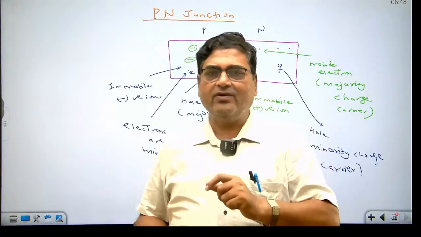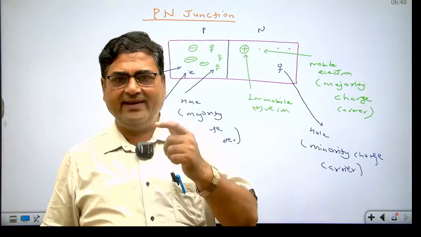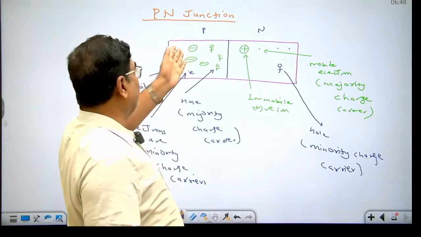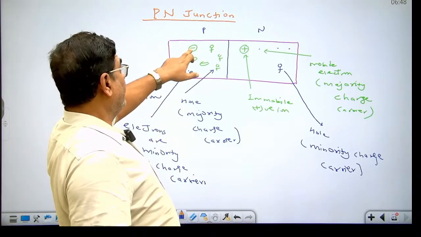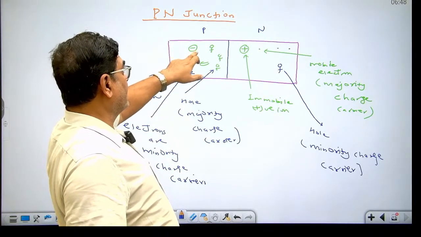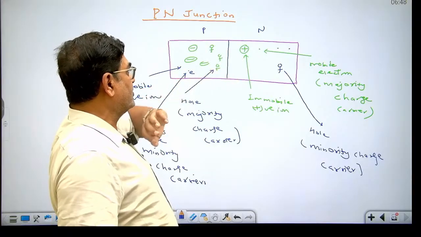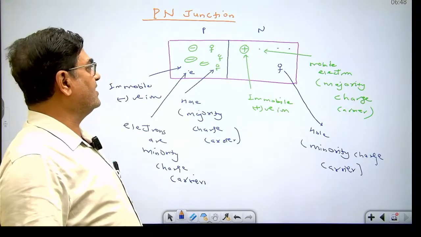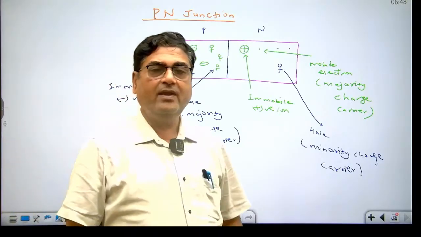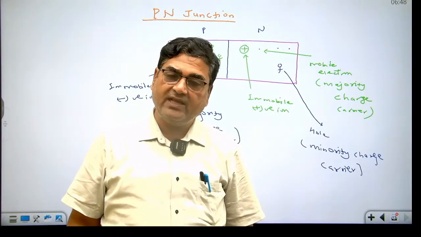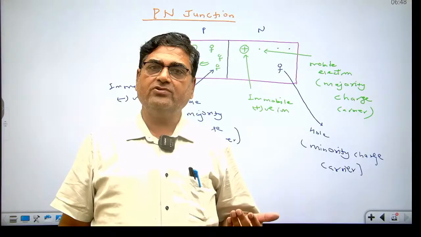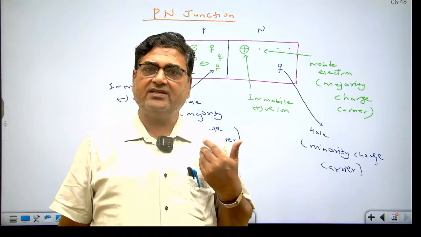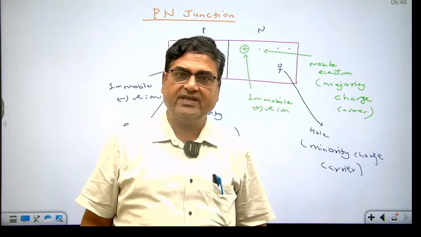So when diffusion of majority charge carriers takes place at the junction, towards the p side immobile negative ions become surplus, and towards the n side immobile positive ions become surplus. And what happens due to this surplus immobile ion concentration? A barrier electric field gets set up, and this barrier field starts drifting minority carriers away from the junction, due to which drift current starts.